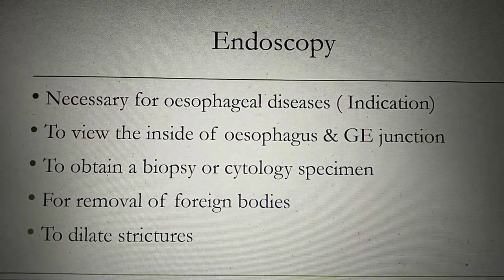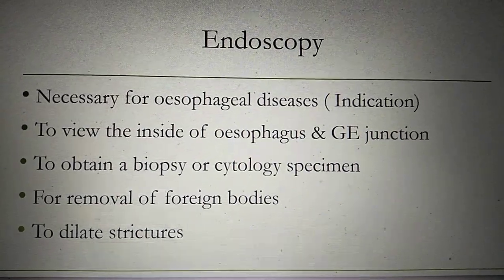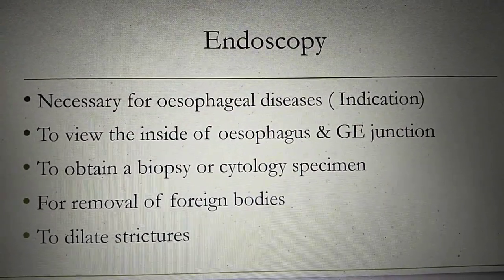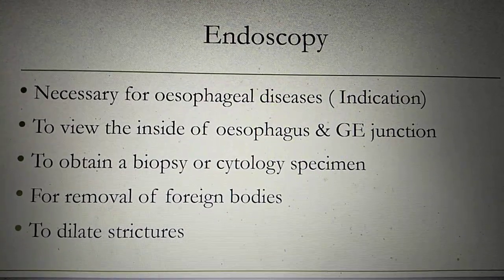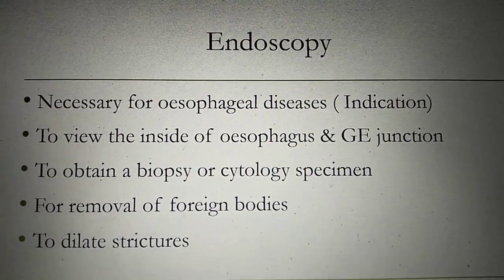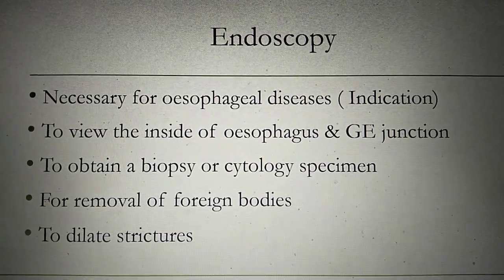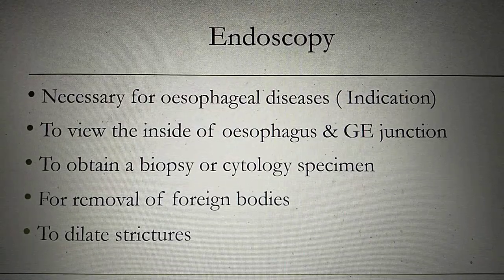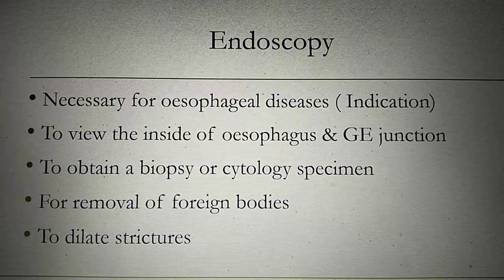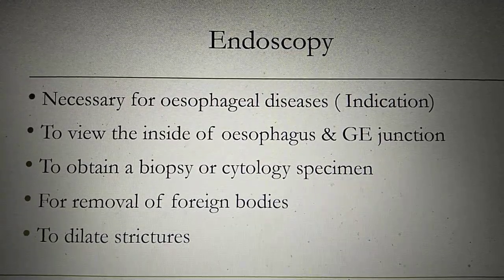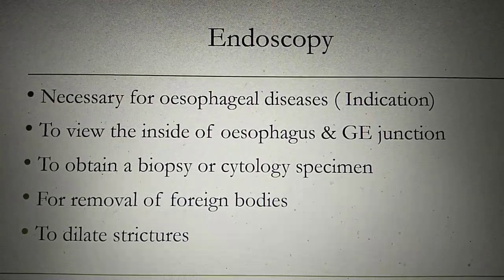This is very necessary for esophageal diseases, and the various indications for doing endoscopy we can go through. Whenever we want to view the inside of the esophagus and GE junction, gastroesophageal junction, we'll opt for endoscopy. Although it is an invasive method, it is very informative in esophageal disorders.